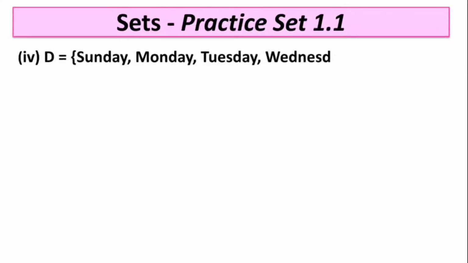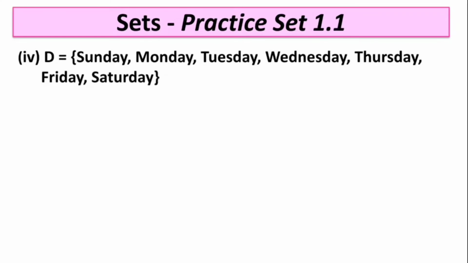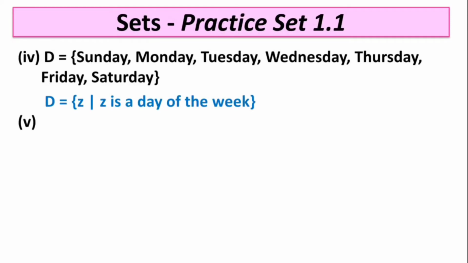The next problem is D equals {Sunday, Monday, Tuesday, Wednesday, Thursday, Friday, Saturday}. These are the days of the week. So here D is the set of all z such that z is a day of the week.